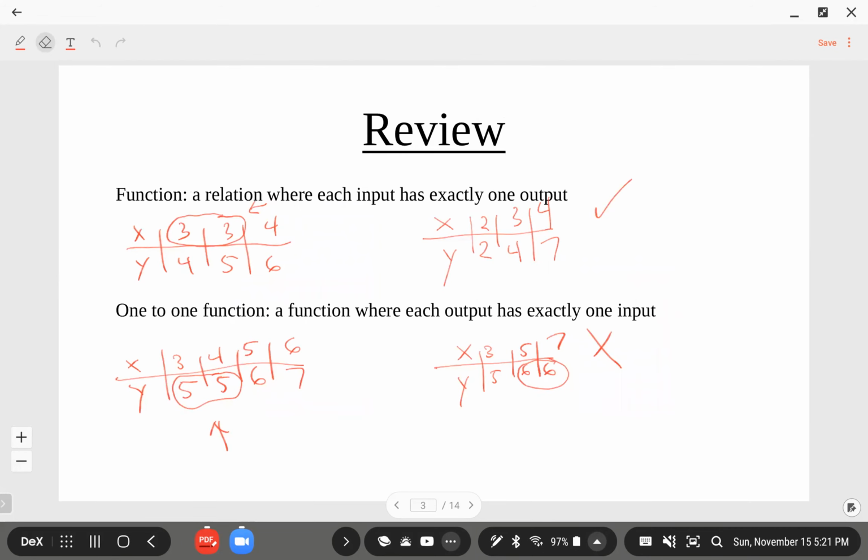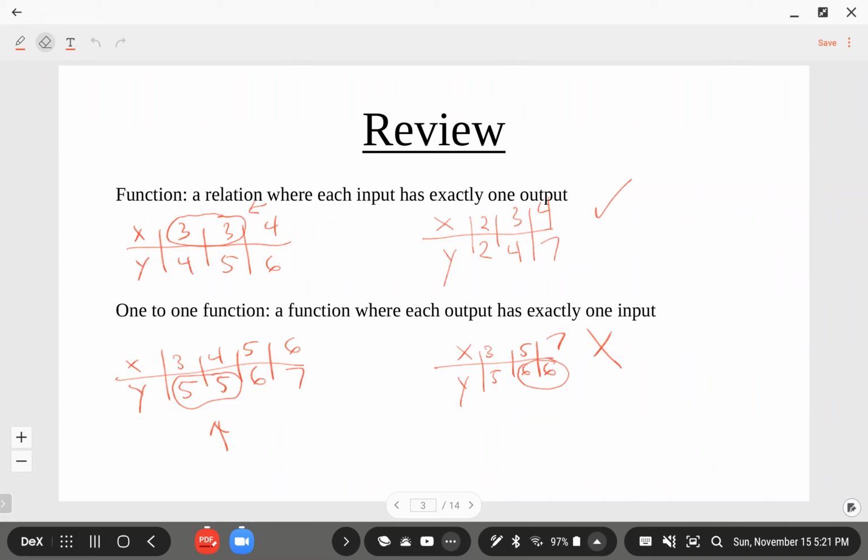Before I explain interval notation, I'll have to explain domain and range. You see these relations over here, these functions? Basically, domain is the list of all the input values, all the x values, or all the independent variables.